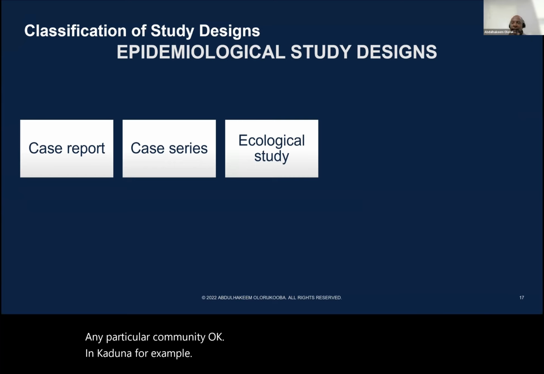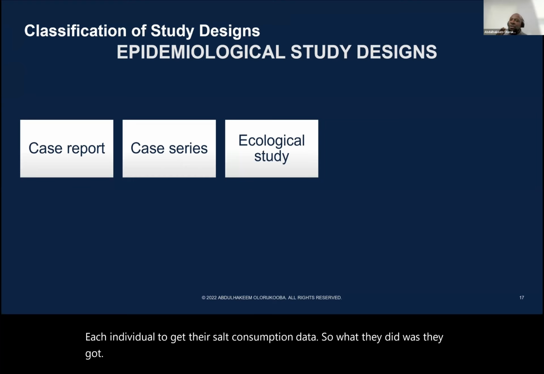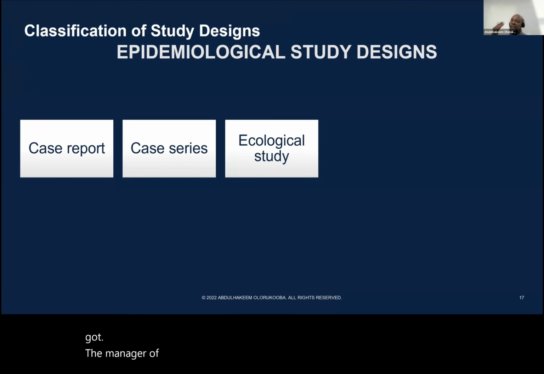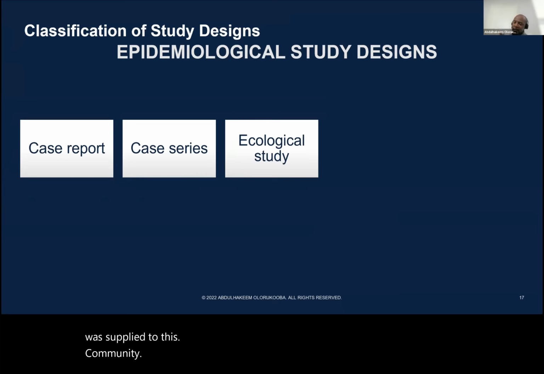They can't get salt consumption data from each individual. So what they did was they asked the manager of Dangote that supplies salt to Kaduna how much salt was supplied to this community in the years 2017, 18, 19, 20, like that.